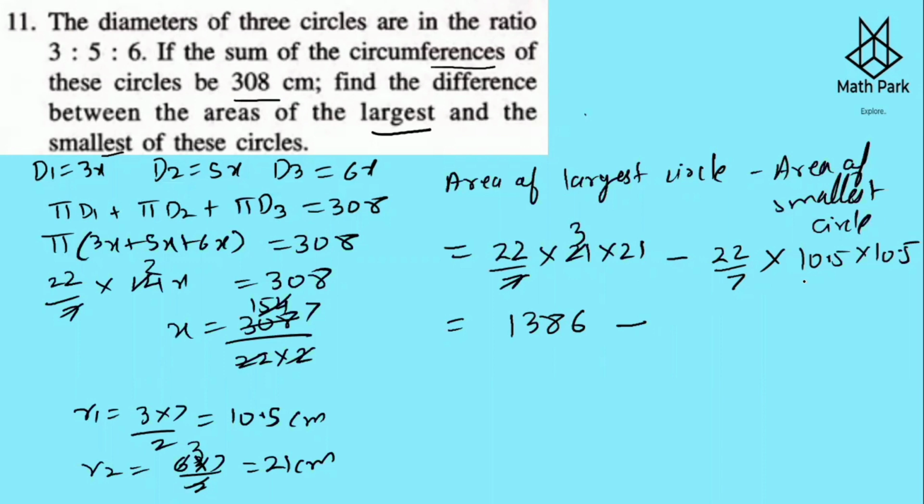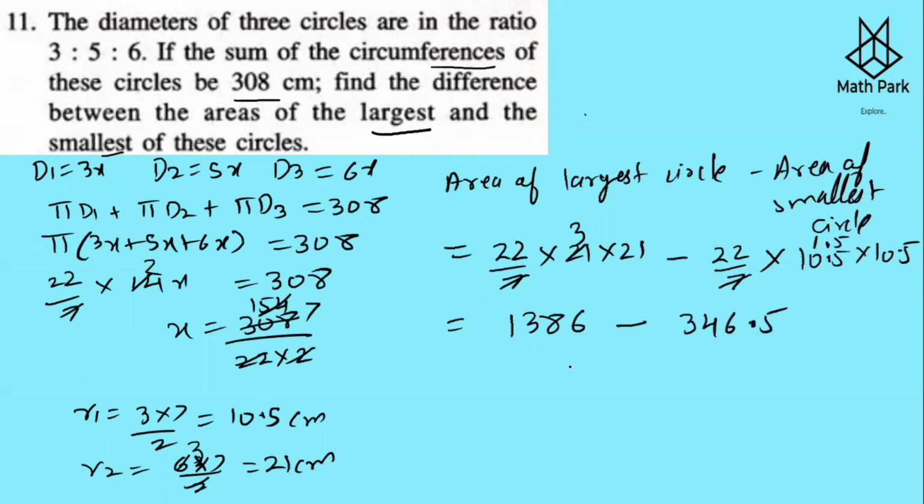10.5 when I divide by 7, we get 1.5. So let us multiply 22 times 1.5 times 10.5. Multiplication is always easier than division. So 22 times 1.5 times 10.5, which we get as 346.5.